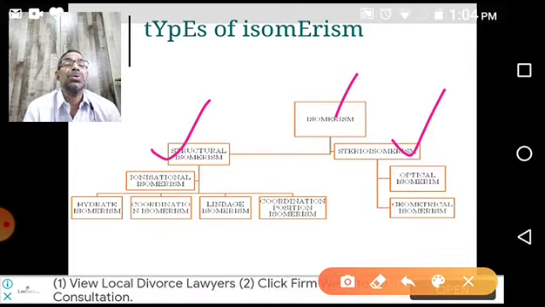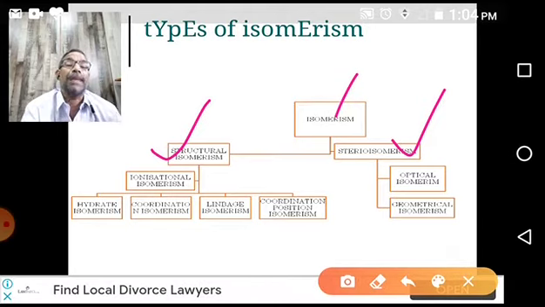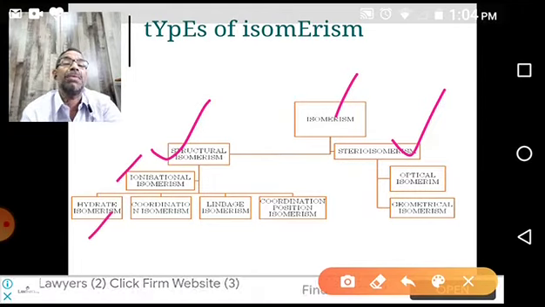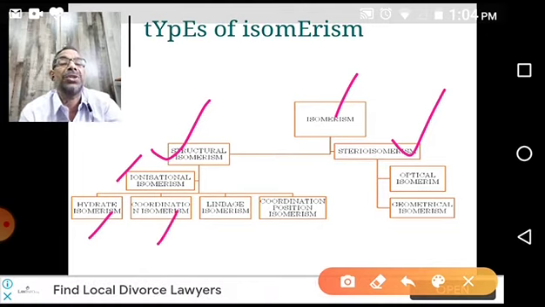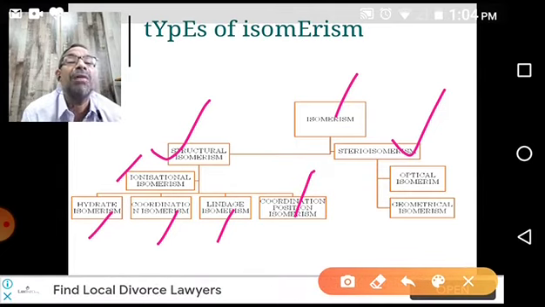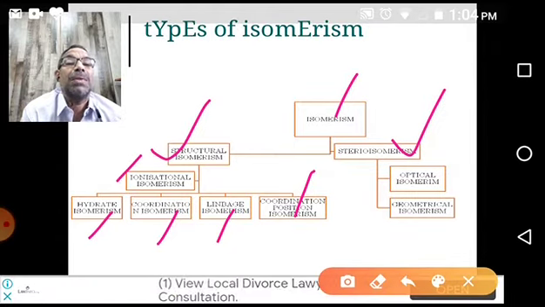Coming to structural isomerism, we have five types in our syllabus in coordination compounds. One is ionization isomerism, two is hydrate isomerism, three is coordination isomerism, fourth is ligand isomerism, and fifth is coordination position isomerism. All these five types come under structural isomerism.